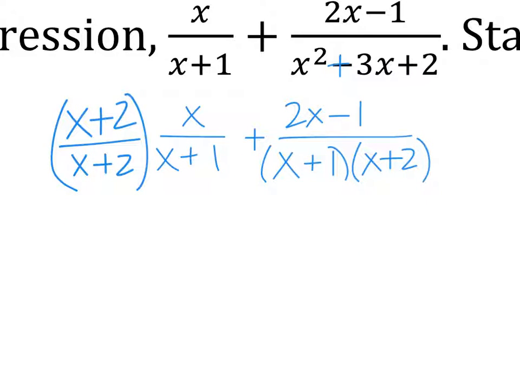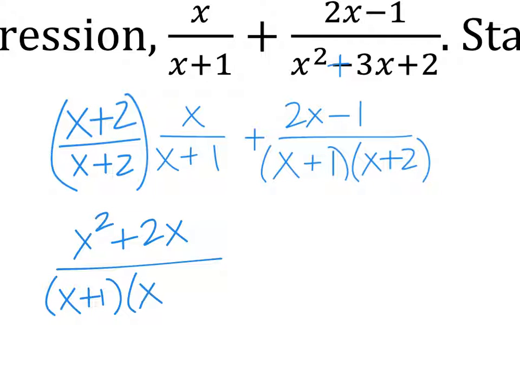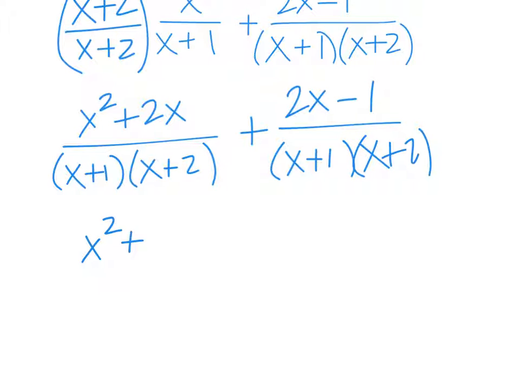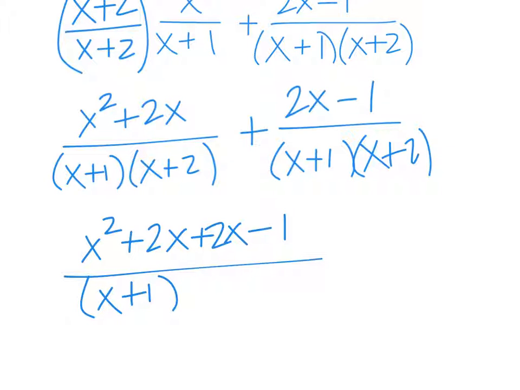Okay, so at this point, we want to just simplify the numerator and then simplify this whole thing. So this becomes x squared plus 2x, and then the denominator is x plus 1 times x plus 2. The one on the right does not change. All right, what do we do next? Combine them together. x squared plus 2x plus 2x minus 1 all over x plus 1 times x plus 2. I forgot one thing.